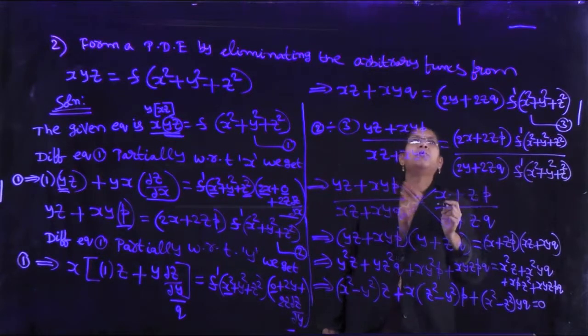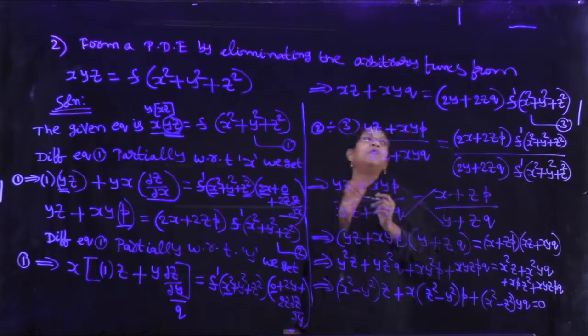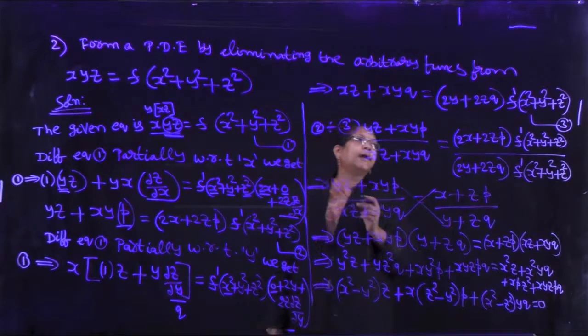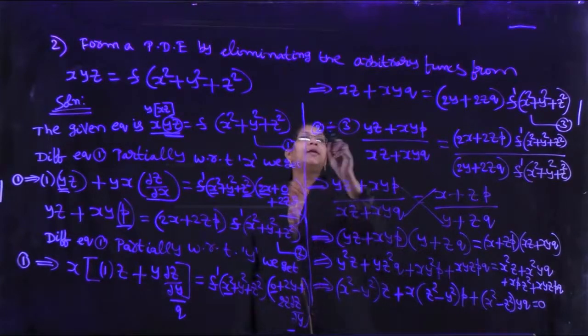Now we have to eliminate the function f. For that purpose, you divide 2 by 3.